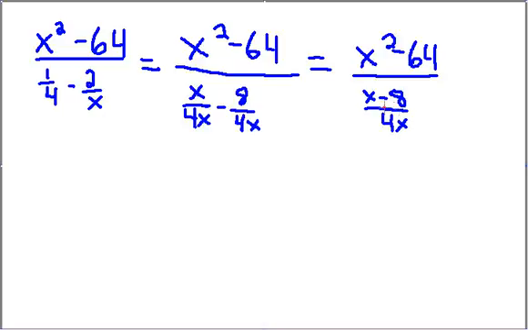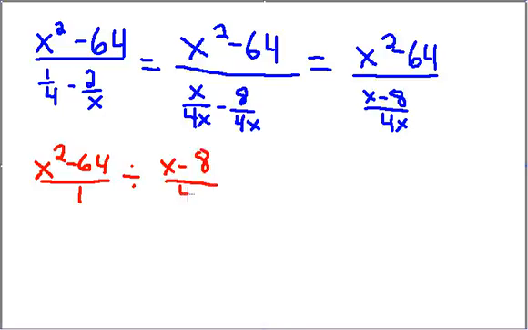We still have a fraction in our denominator now. To start with, we had 2 fractions, but now we only have 1. So let's go ahead and rewrite this. We have x squared minus 64 in the top, and we're going to make a fraction out of that by placing a 1 in the denominator, and we're going to be dividing it by x minus 8 over 4x.